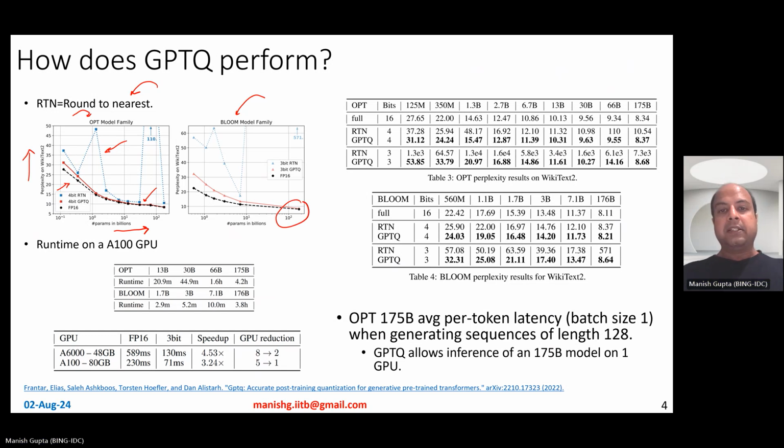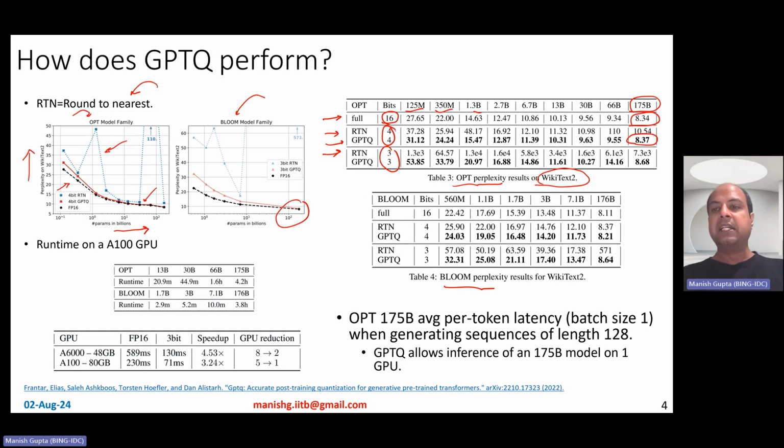Okay. This is also observed here. This is on Wikitext2, and you have the perplexity values comparing the full 16-bit model to the round to nearest and the GPTQ optimized models for 4-bit quantization and 3-bit quantization, for different model sizes, all the way up to 175 billion parameters. As you see, the perplexity here is 8.34, while with GPTQ the perplexity is 8.37, very close to 8.34.